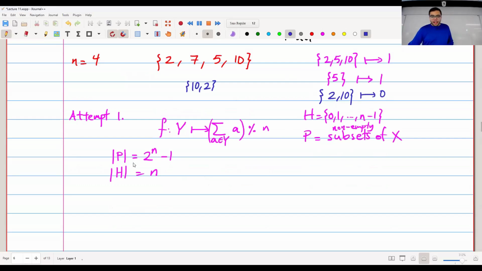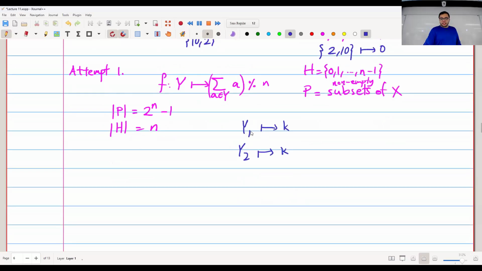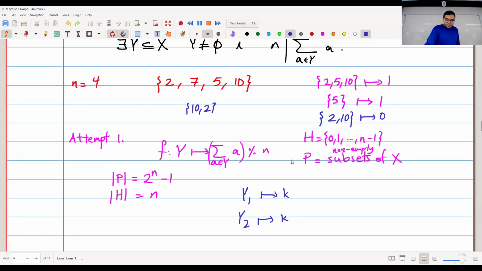If in general I have two different subsets, let's say y1 and y2, and let's say they are mapped to the same number, so if I take their sum modulo n, it's the same, I can't just say, look at the elements that are in y1 but not in y2. Because there are also elements that are in y2 but not in y1, and then the sums just don't work. So this tells us something.